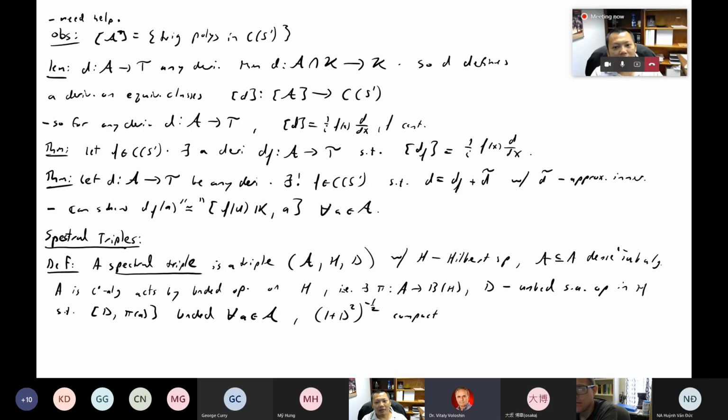Is there anything else for our speaker? I have a quick question. Is there any realization of the theory of derivations for matrix algebras? I mean, specifically on matrix algebras. Is there a notion of a derivation on a matrix algebra?